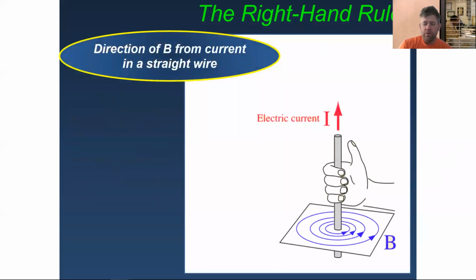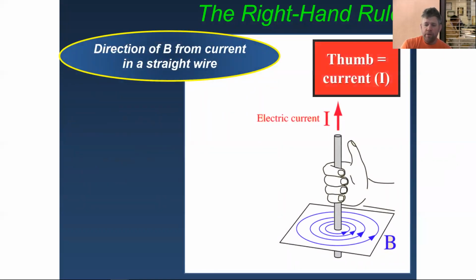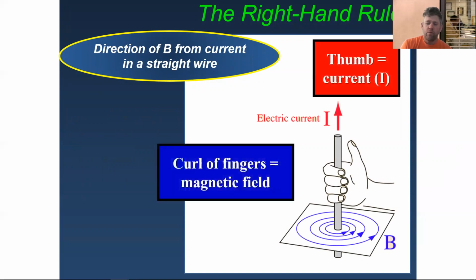Okay. So if we look at an example here, we have a wire going basically straight up towards the top. If it's going straight up, it means our thumb's going to be upwards. If our thumb is upward, that means when we wrap that around, it's coming out of the screen on the left side of the screen, and then it's going back into the screen on the right side.